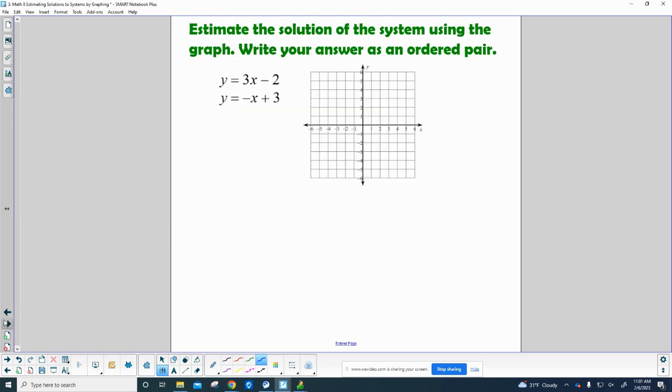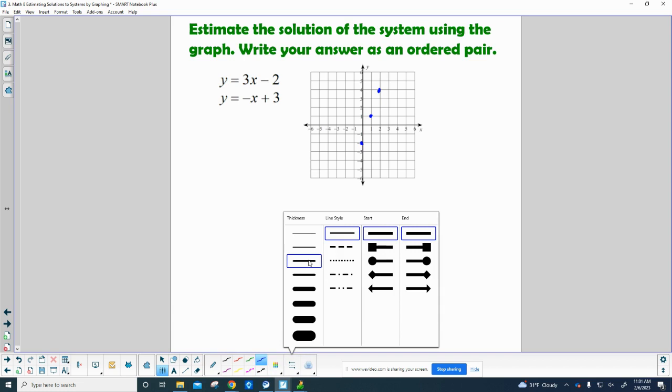Okay. Here we're going to actually make the graphs. So we're going to start out at negative 2. We have a slope of up 1, 2, 3, and over 1. Up 1, 2, 3, over 1. And we'll go ahead and graph that one so we don't have too much else in the way.